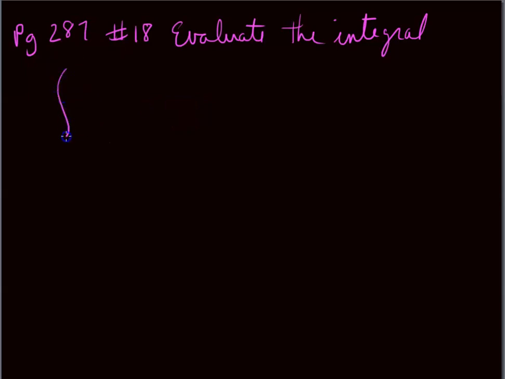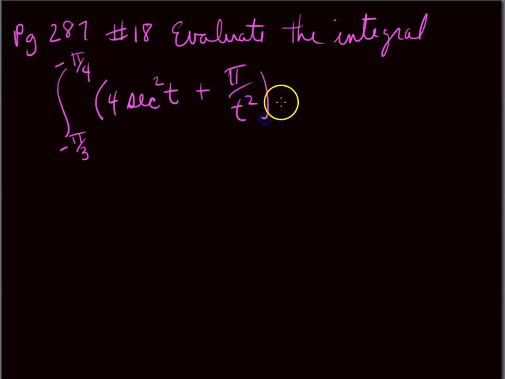So this is the definite integral from negative pi over 3 to negative pi over 4 of 4 secant squared t plus pi over t squared dt.